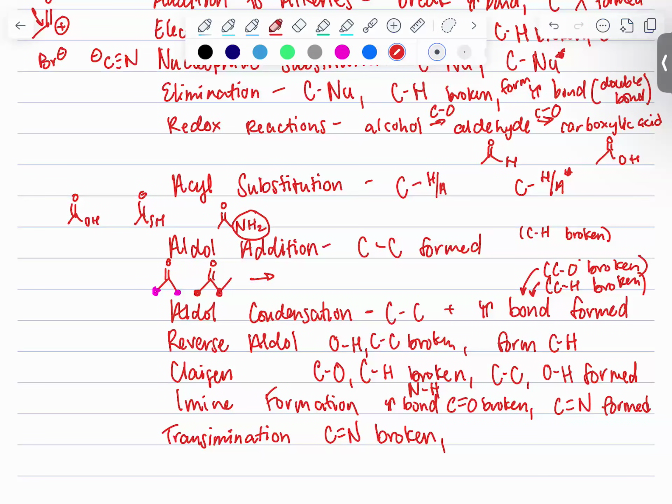And what bonds do we form? Transamination is a lot like substitution in that we are substituting the nitrogen of this imine for the nitrogen of this amine and all the things that are attached to it.